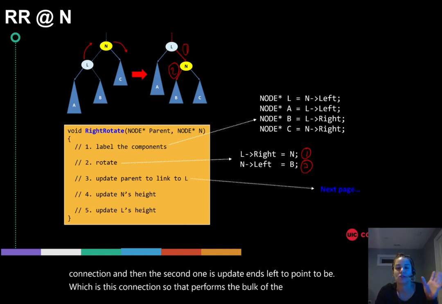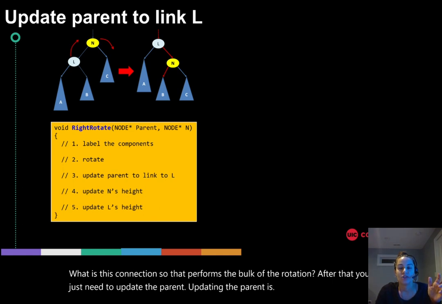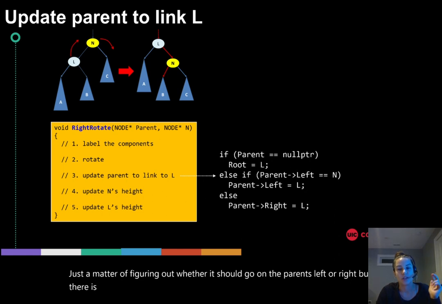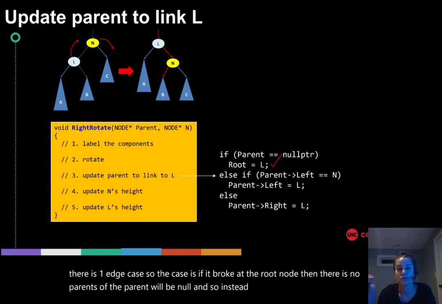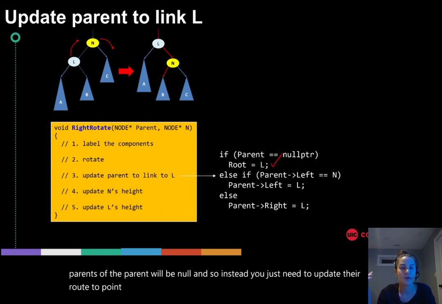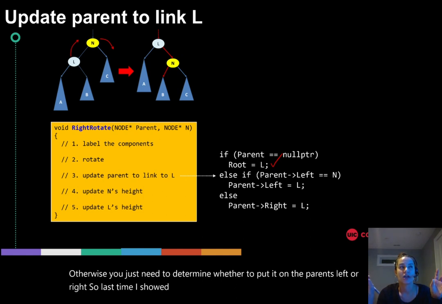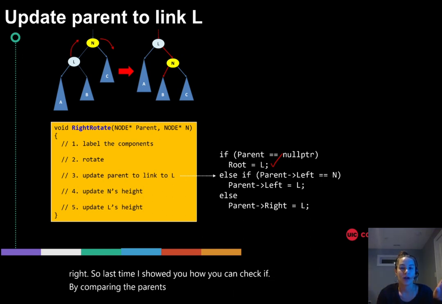After that, you just need to update the parent. Updating the parent is just a matter of figuring out whether it should go on the parent's left or right, but there is one edge case. The case is that if it broke at the root node, then there is no parent, so the parent will be null, and so instead you just need to update the root to point to L. Otherwise, you just need to determine whether to put it on the parent's left or right. Last time I showed you how you can check by comparing the parent's key with L's key.